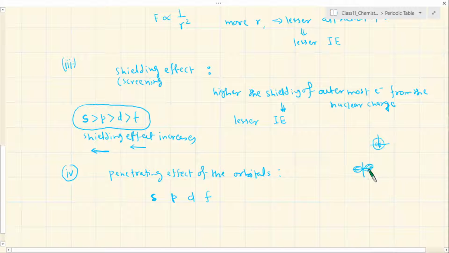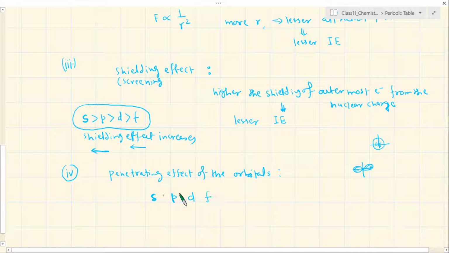So if you compare these two scenarios, you will find that this orbital is more close to the nucleus compared to this if the electron is in this orbital, because it is flanking out. And if you consider the d orbital, which is flanking out even in more zones, the same electron, if it goes in the d orbital, flanks out in more zones, so its penetrating effect reduces even more. So penetrating effect means more closeness to the nucleus.